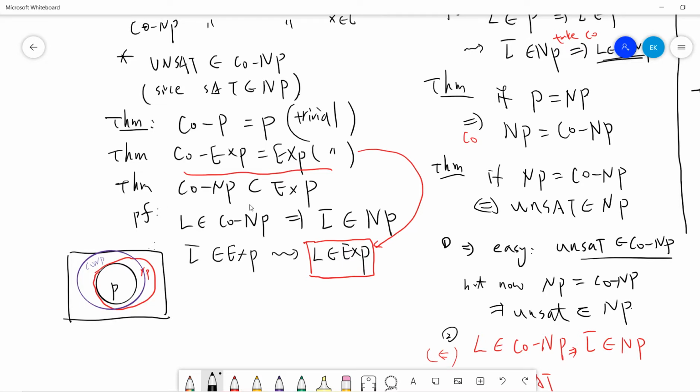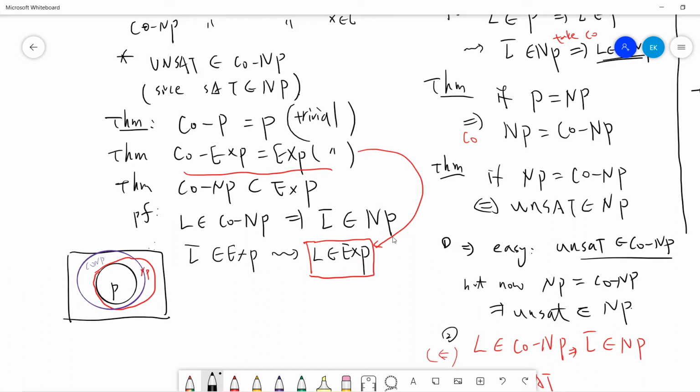Theorem: if EXP is co-EXP, the next step is to prove that co-NP is a subset of EXP. If L belongs to co-NP, and we take co on both sides, we take the negation on both sides, then we get the negation of L belongs to NP.